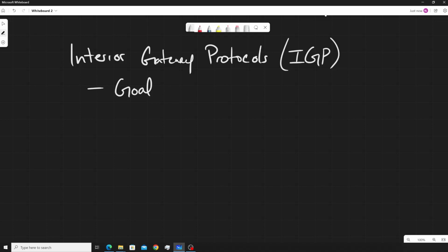You might want to optimize on trust. That is, I want to choose the network that I trust the most to deliver my messages because these are very important messages that need to be delivered. Now, with IGPs, because we're internal to a single network, we don't have this notion of trust. Okay, we don't have to worry about trust because I am the owner of the entire network, which means that I'm also the owner of every router along the network.